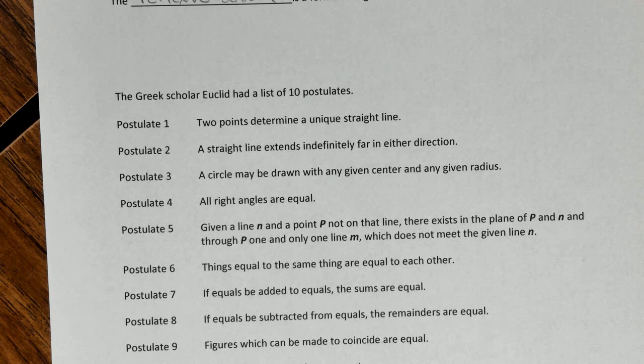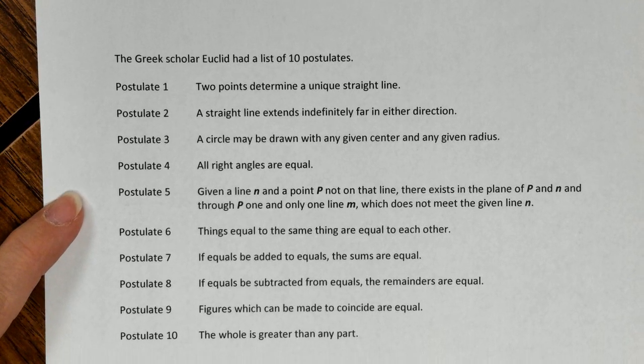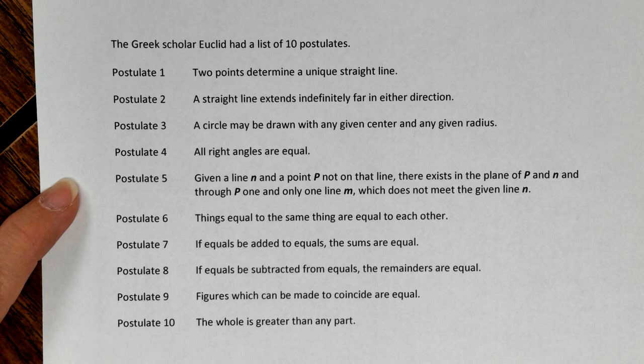Postulate 4, all right angles are equal. Of course, because each one of them measures 90 degrees. Okay? Again, postulates, things that we just assume to be true. We don't have to prove them, we just know they're true.